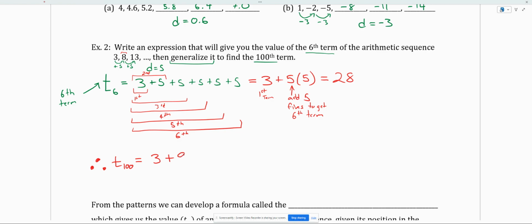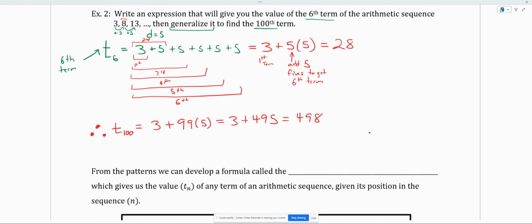So it's going to be 99 times 5. We're going to add 5 99 times to determine that. And we can do some quick math to see that that's 3 plus 495, 99 times 5. And we'll add those up to figure out that it is 498.